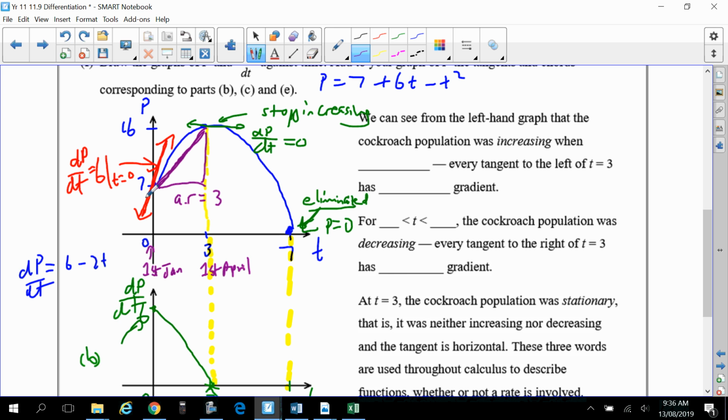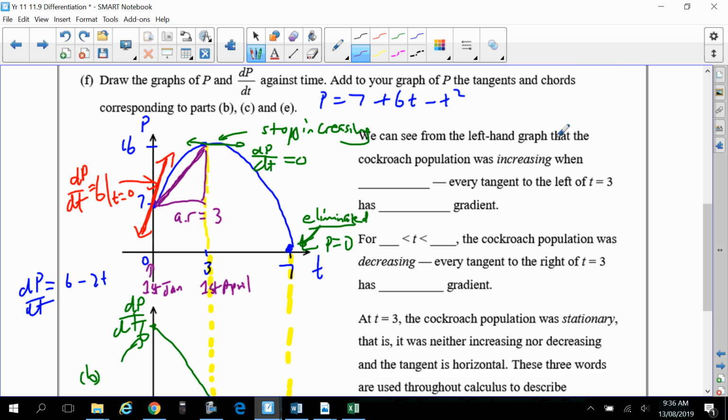Before we finish, we also have to have some analysis, which is from the textbook. We can see from the left-hand graph that the cockroach population was increasing when every tangent to the left of t equal to 3 has positive gradient, when dP/dt is positive.